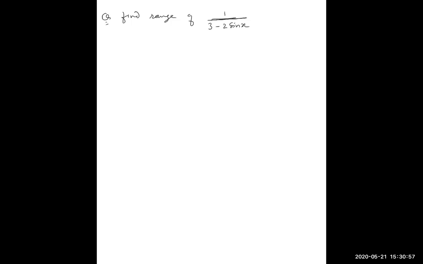I think you can solve this very fast, because sin x will vary from -1 to 1. So this will be 1 upon 3 plus 2 to 1 upon 3 minus 2. So 3 minus 2 is 1. 1 upon 5 to 1.